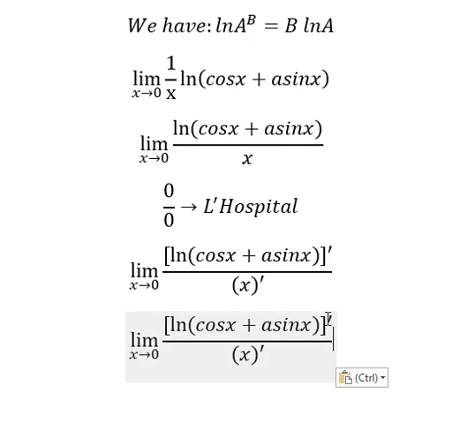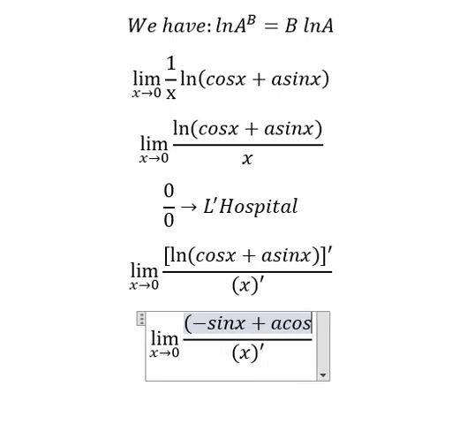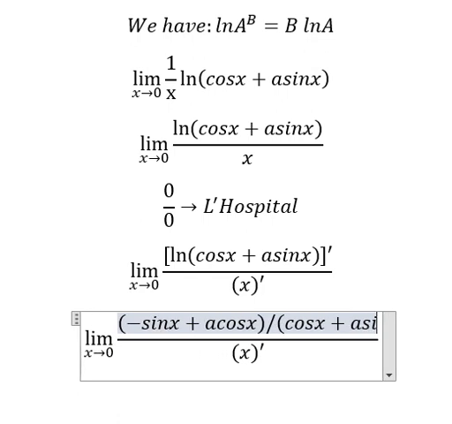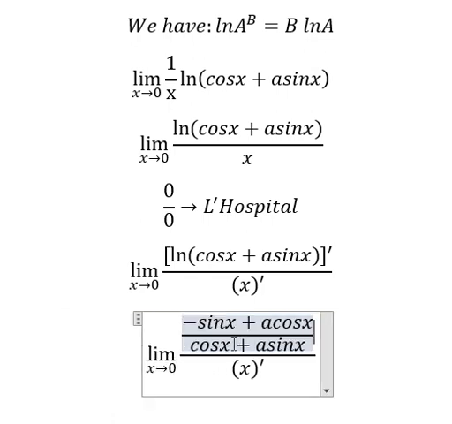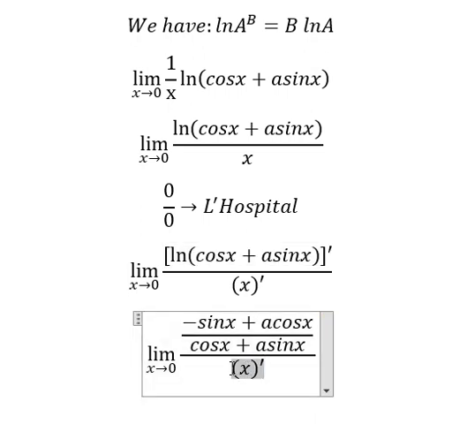So this one, that is about negative sine s plus a cosine s over cosine s plus a sine s. After we do first the derivative of this one, that is about number 1.